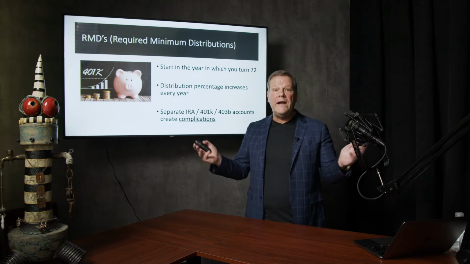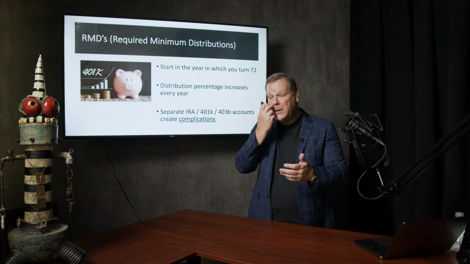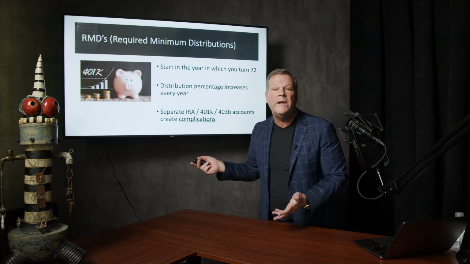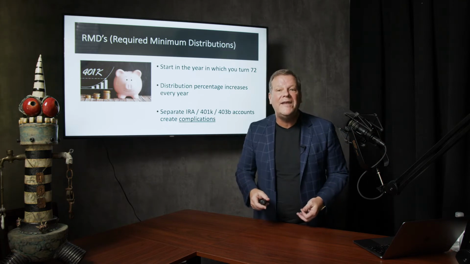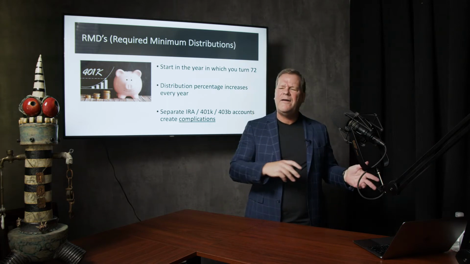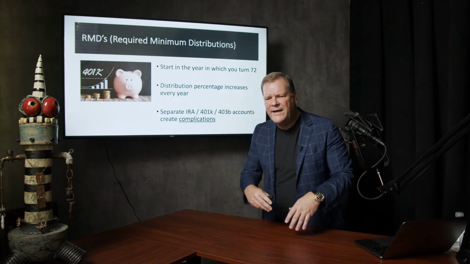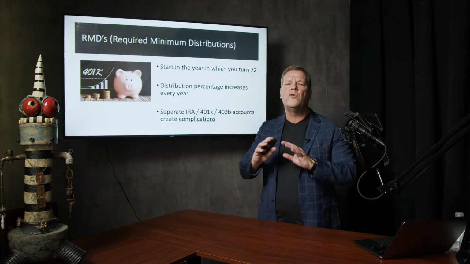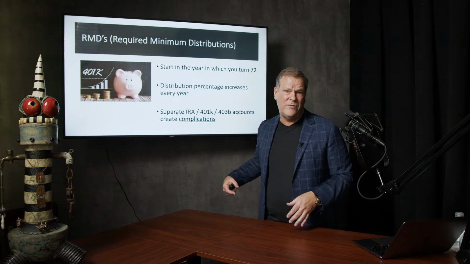If everything's in IRAs, you can add them all up, calculate your required distribution, and then pick and choose where you pull it from. And it's super easy. But if you've got a 401k and a 403b and a 457 and a simple IRA, all these different accounts, then you have to take distributions from each one. It's a royal pain in the keister, right?